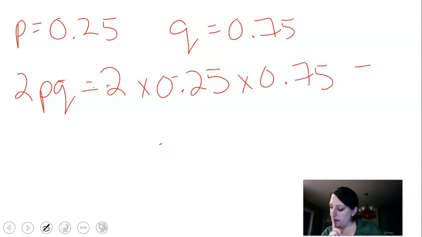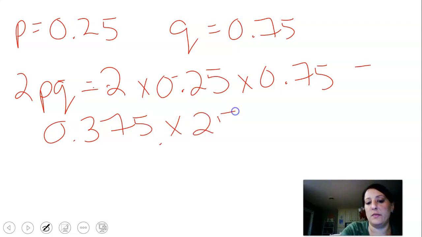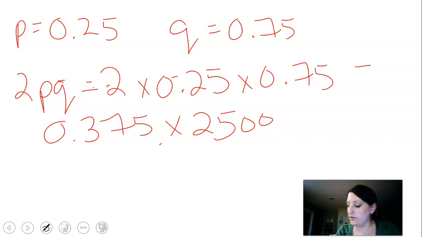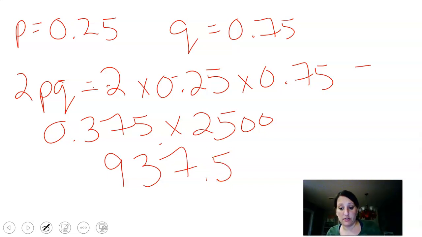Okay, and that should equal 0.375. Again, times that entire population, which is 2,500. And that's going to give us about 937.5 people. So that's the number of carriers, or the number of heterozygotes, in this population of 2,500 people.